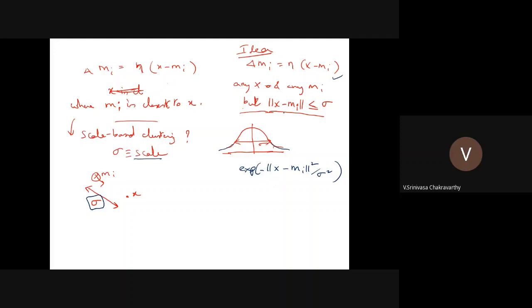Now if you want to move the centroid towards the data point in such a way that this condition is also satisfied, one way to modify this equation is as follows. Delta mi is equal to eta times exponential of minus norm x minus mi squared by sigma squared, times x minus mi.